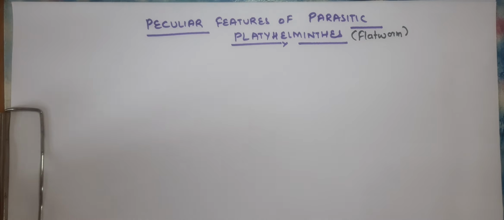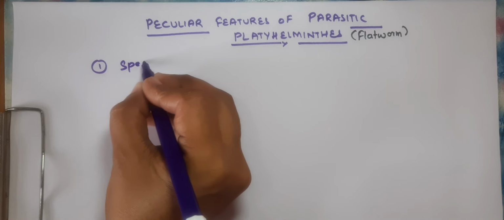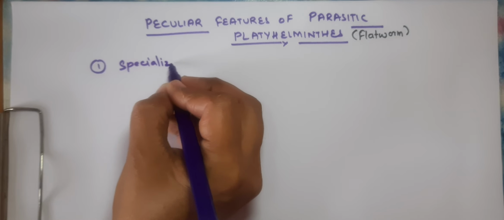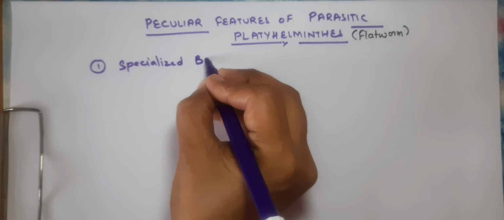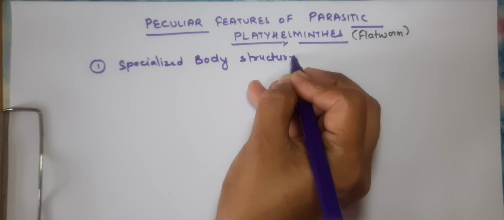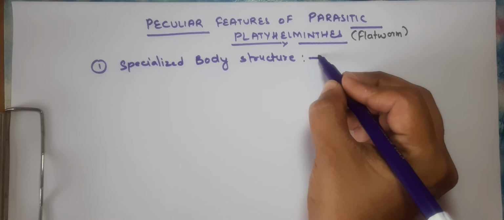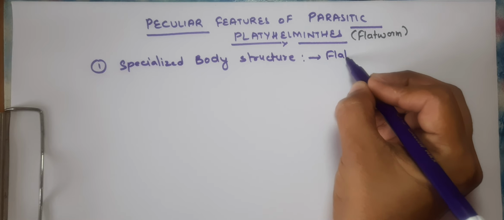So the first peculiar feature is the specialized body structure. Okay, so what will happen, student? The parasitic platyhelminths, okay, they will have flat ribbon-like bodies.